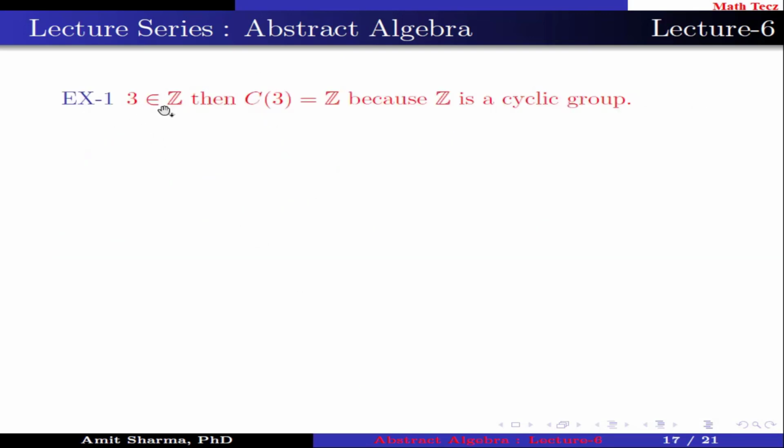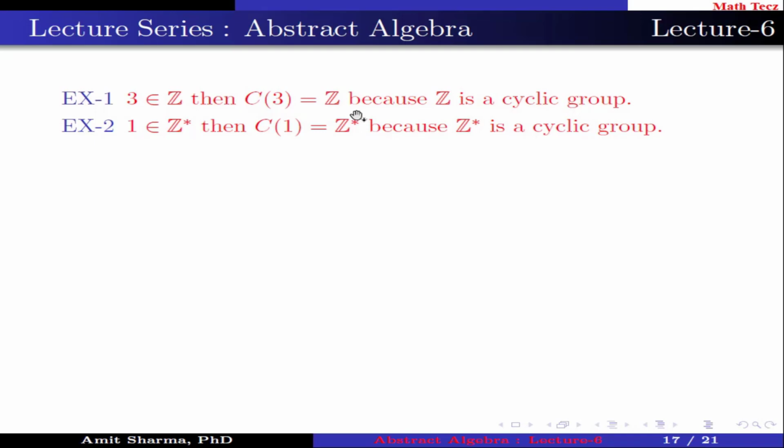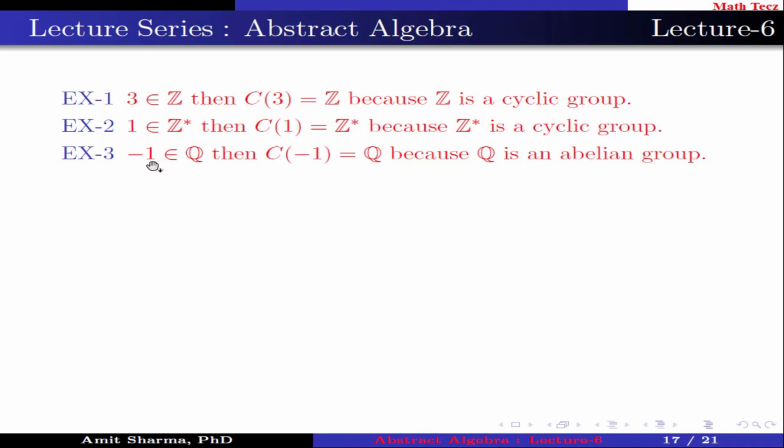Example number 1. 3 belongs to Z, then the centralizer of 3 is Z because Z is a cyclic group. Example number 2. 1 belongs to Z star, then the centralizer of 1 is equal to Z star because Z star is a cyclic group. Example number 3. Minus 1 belongs to Q, then the centralizer of minus 1 equals Q because Q is an abelian group.